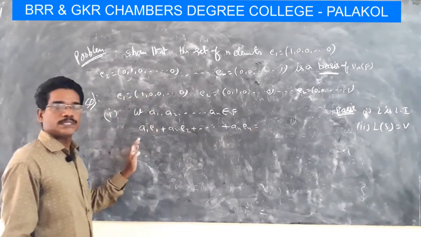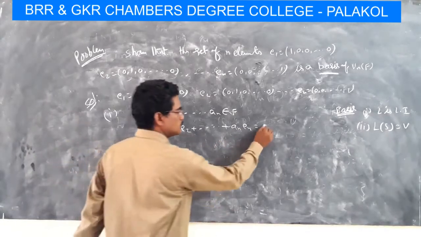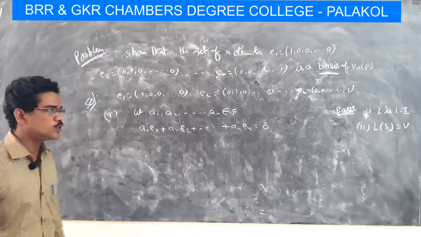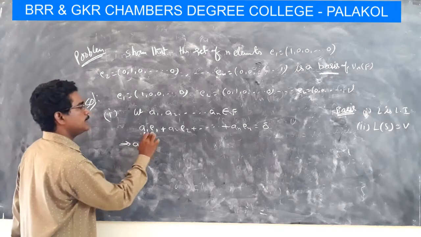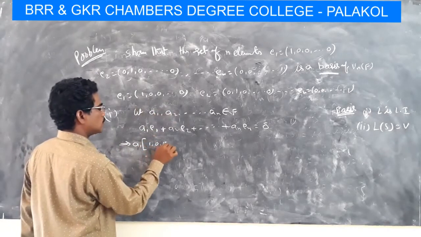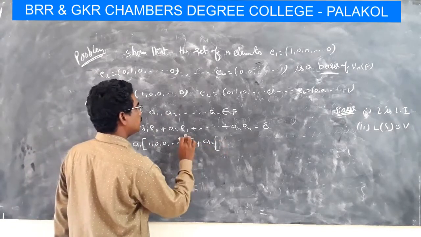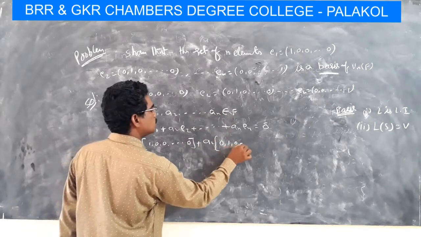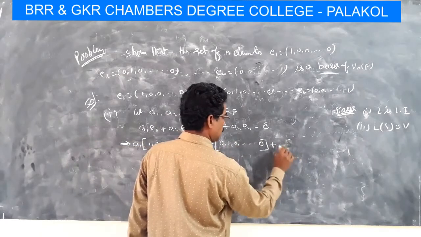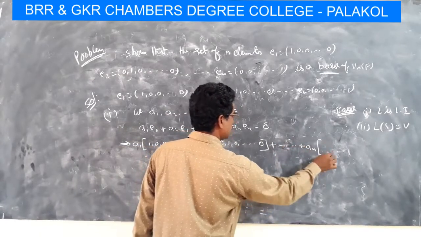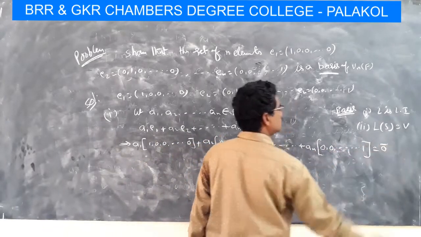Linear combination equal to 0 bar implies a1 into e1, that is (1, 0, 0, and so on, 0), plus a2 into e2, (0, 1, 0, up to so on, 0), plus a3 and so on plus an into (0, 0, up to so on, 1) equal to 0 bar.